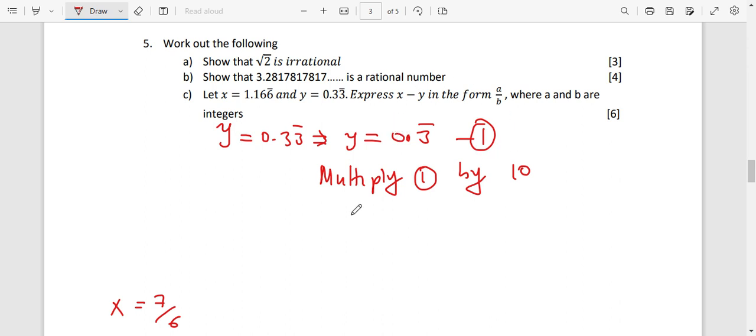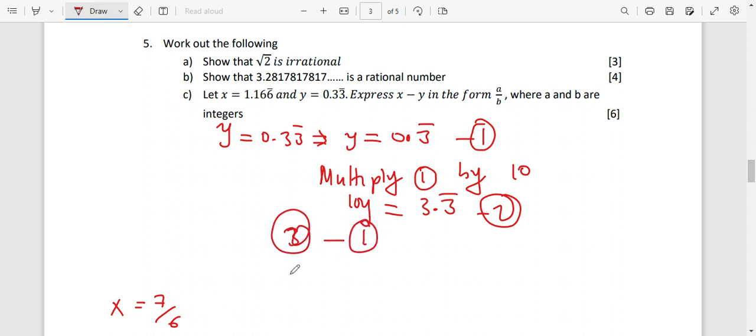So we need to take it behind the bar. So that would be 10y is equal to 3.3. So for this one, we just go direct and subtract equation 2 minus equation 1. Since the first equation has the decimal in front of the bar, the second one has the decimal behind the bar.